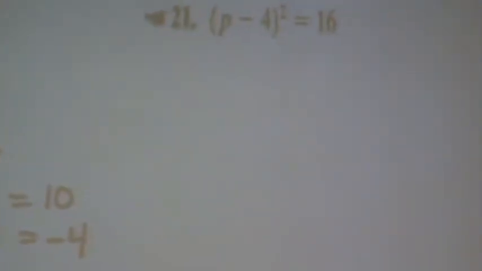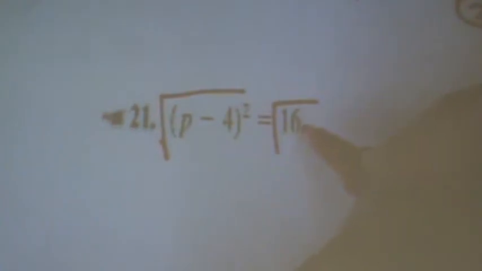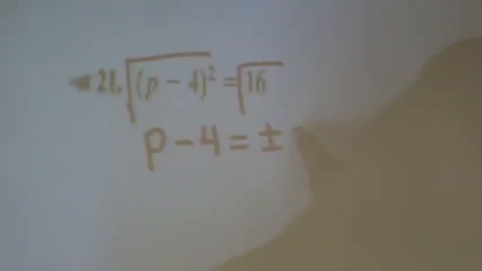Try 21. Square root of both sides. P minus 4 equals plus or minus 4, then what? Add 4, you get 4 plus or minus 4.